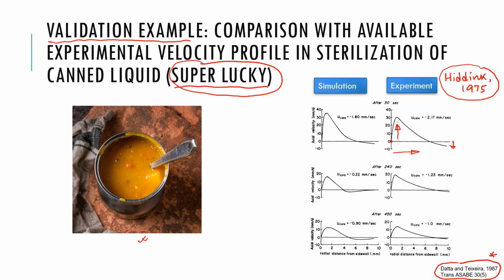On the left are the computed velocity profiles from a model that solves the heat equation and Navier-Stokes for the cylinder, and you can see it's a very decent comparison, but as I said, this is really lucky.